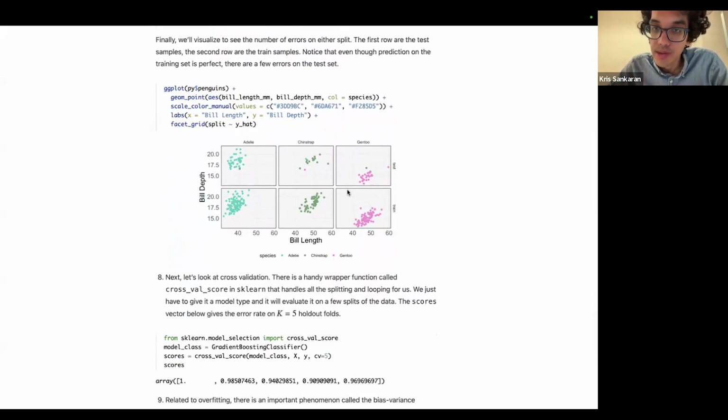If we had thought that going ahead we would always get perfect performance, that's not true, right? If we had gathered data from new penguins, we were going to get some sort of errors. Now we can understand how many errors we would get, and the reason we can understand it is because we've done this train test split. This is a much more honest way of approaching it.